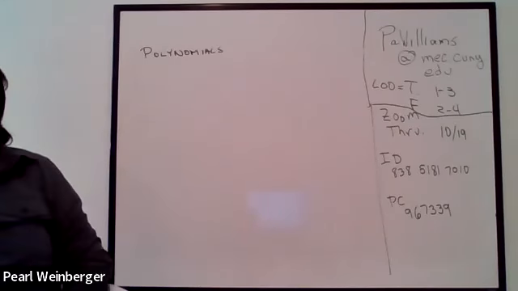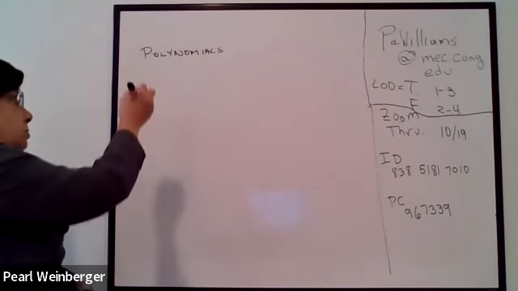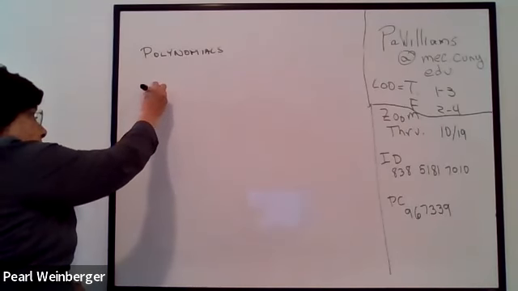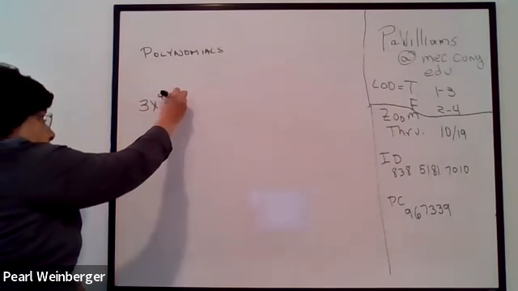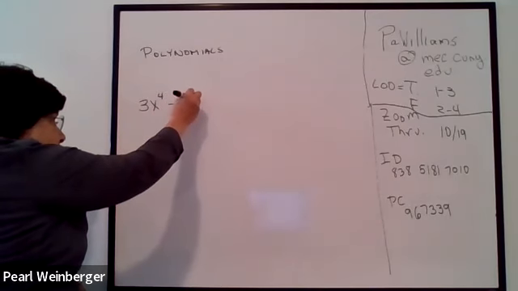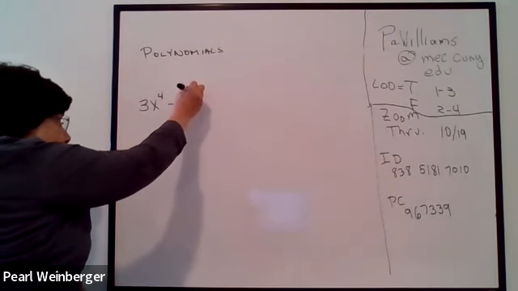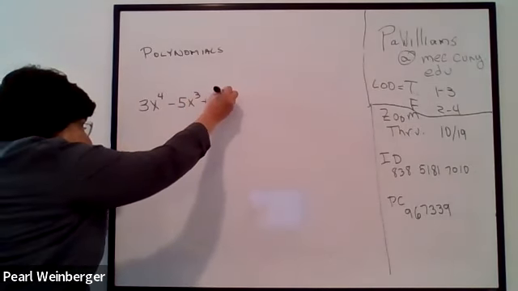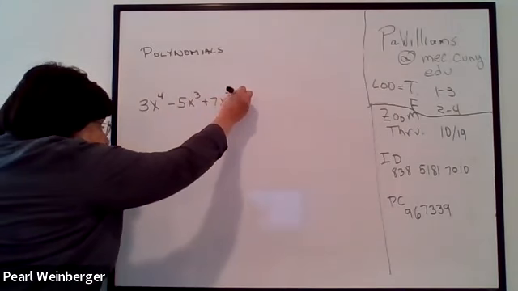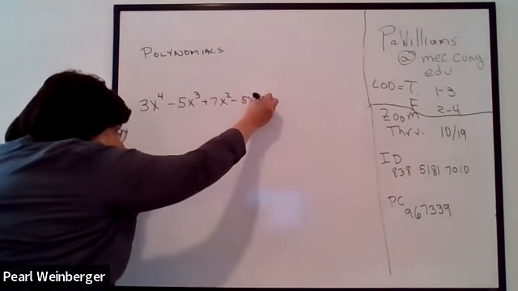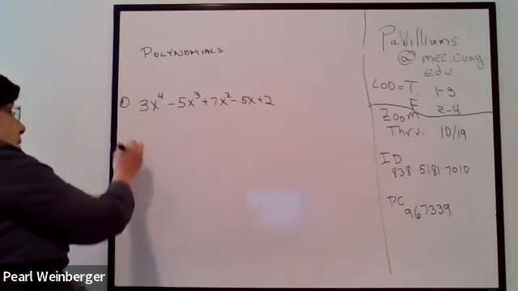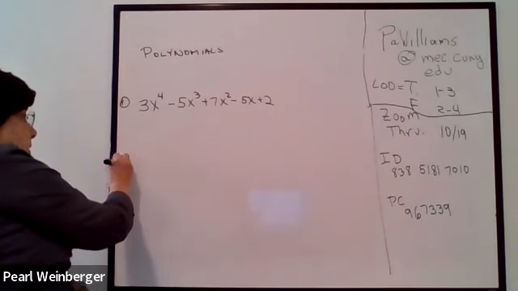You might see an expression that looks like this: 3x to the 4th minus 5x cubed plus 7x squared minus 5x plus 2. Let's say you might see something like that. Or you might see something like this.